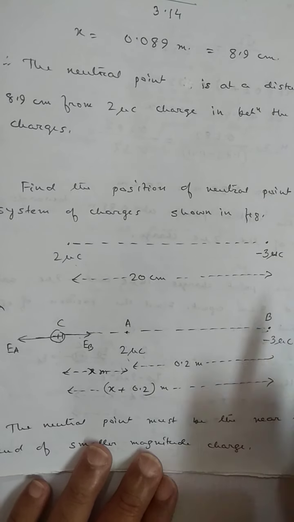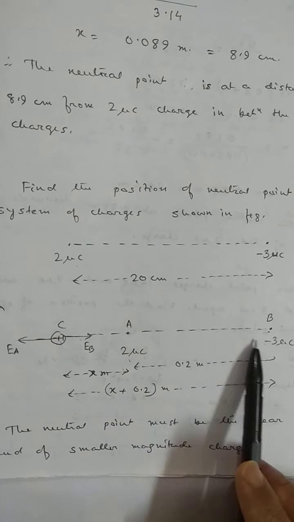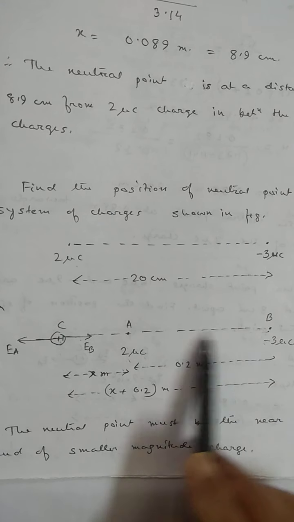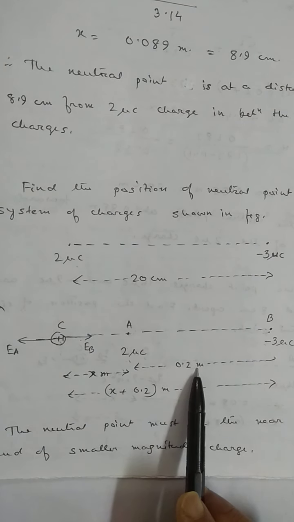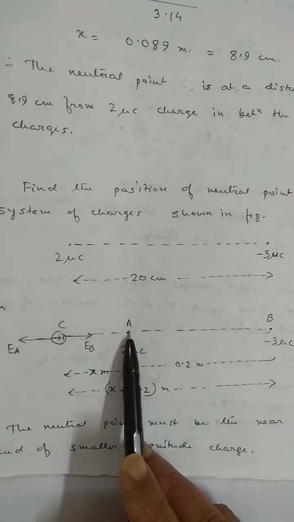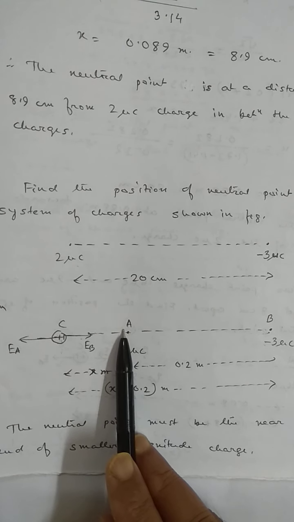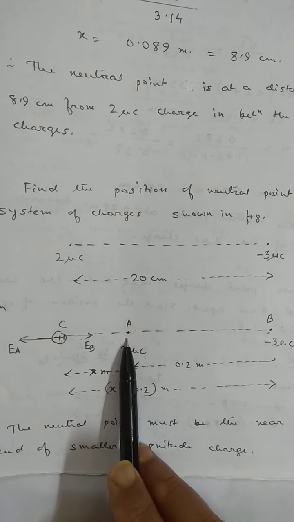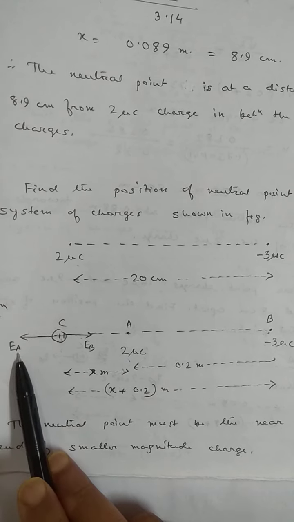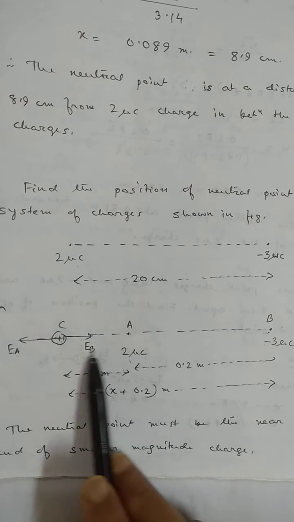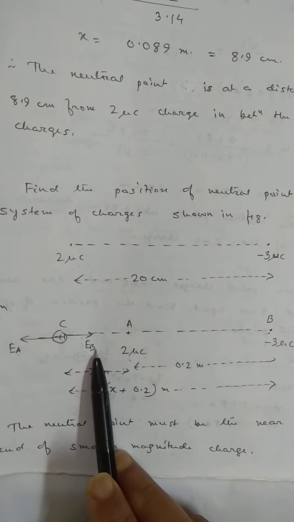So I assume this. This is 2 microcoulomb and this is minus 3 microcoulomb, separated by 20 centimeter, 0.2 meter. The neutral point is towards the end of the smaller magnitude charge. I call this distance x. So this is positive, EA repel, this is negative, this is positive, attract EB.